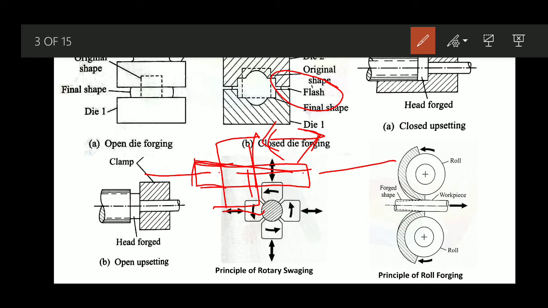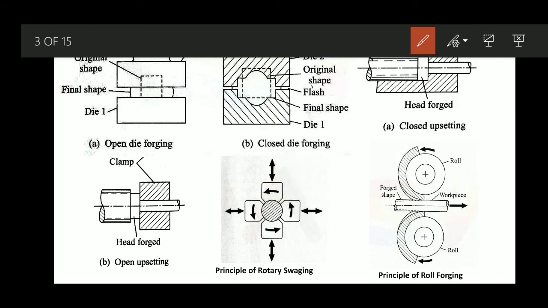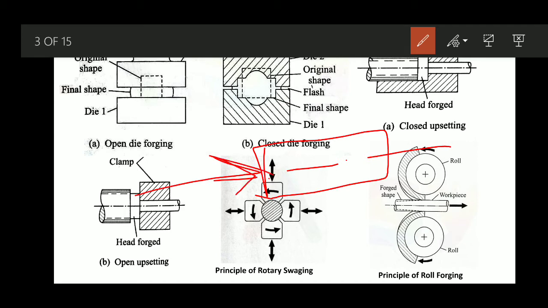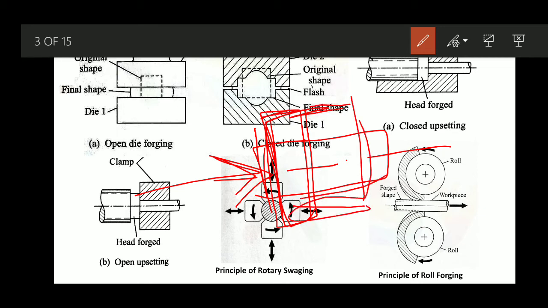In that case, we already know in which direction we have to apply the force: along the length axis we have to apply this compressive force. Then the cross-sectional area will increase but the length will definitely decrease.